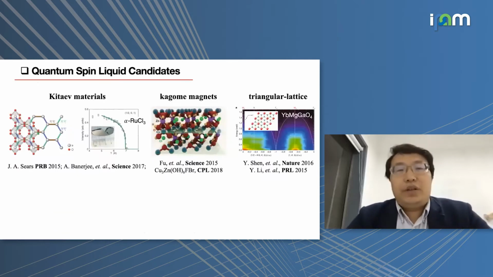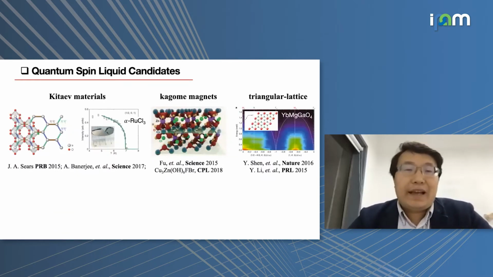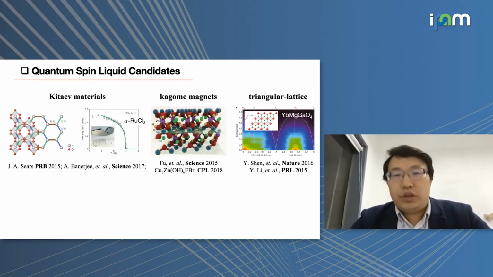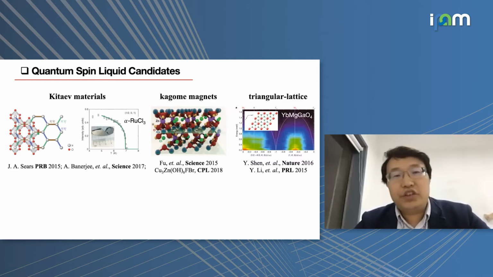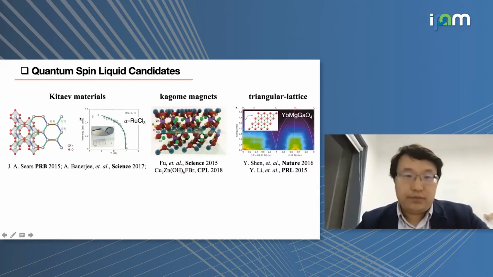So we know that the field of frustrated quantum magnetism is moving very fast. Experimentalists are synthesizing some very intriguing quantum materials called quantum spin liquid candidates. Here I just listed a few prominent ones.